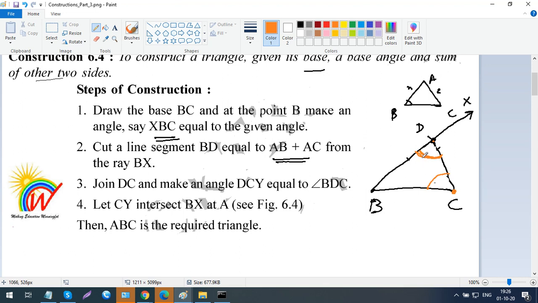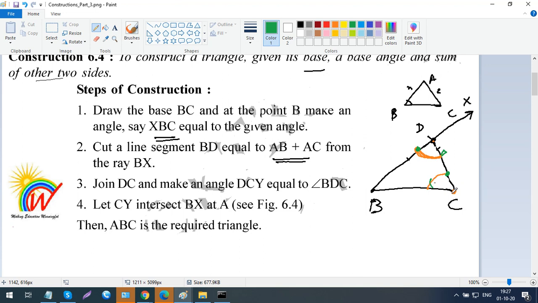Then you measure this, keep the needle over here and the pencil over here, and cut an arc wherever you get.